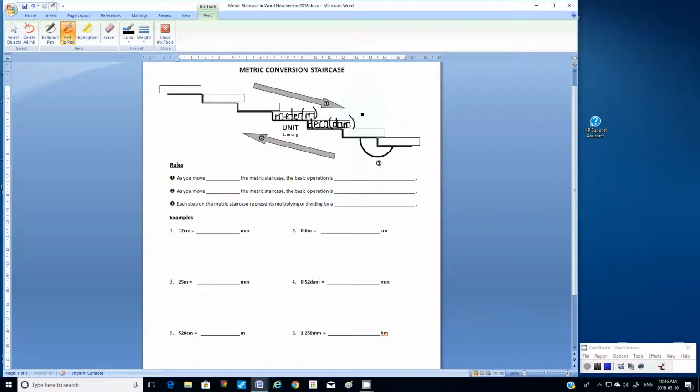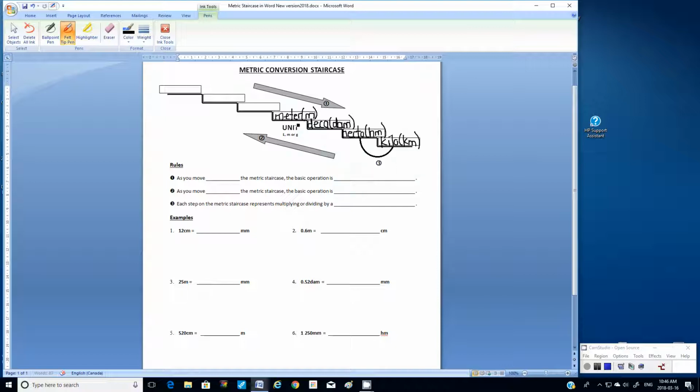The next largest unit after decameters is hecto, and that symbol is HM. And then the largest unit on this particular metric staircase is one that we know very well, and that is kilometers. The symbol is km.